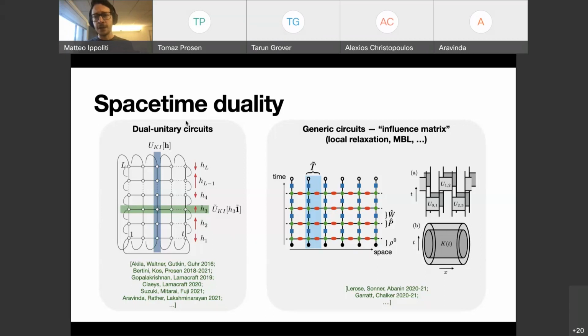On the other hand, looking at circuits that aren't dual unitary, so circuits whose space-time dual is some non-unitary object, can also be useful for an array of questions ranging from local relaxation of information, the influence matrix works by Alessio and Dima and others, and also MBL, like the works by John Chalker and others. So the angle there is, can we use these non-unitary transfer matrix type objects to learn about certain features of the original unitary evolution, thermalization or localization, etc.